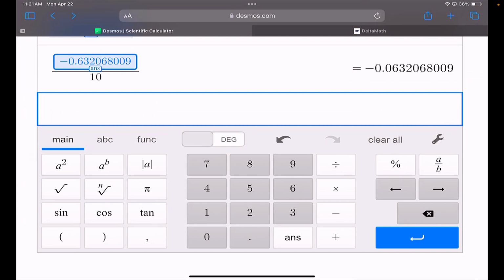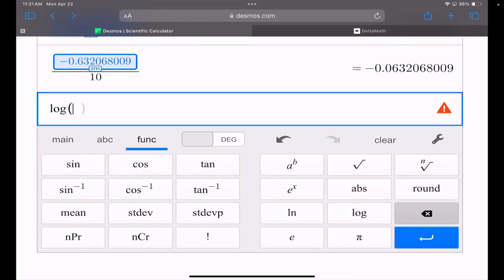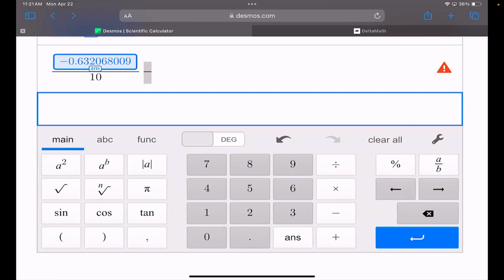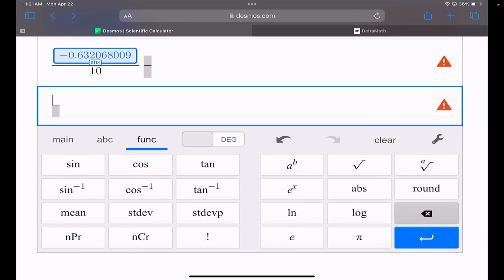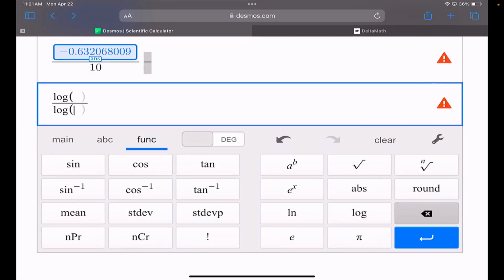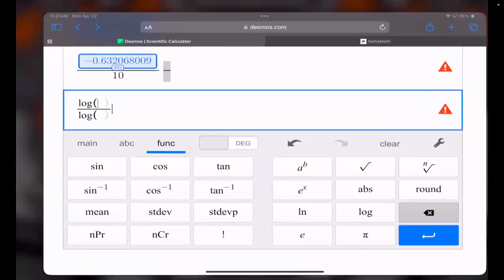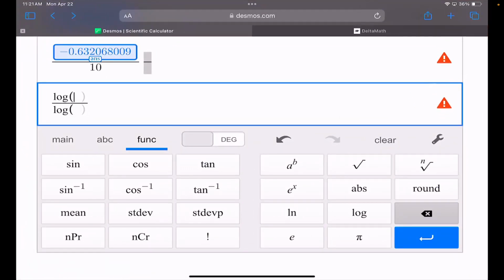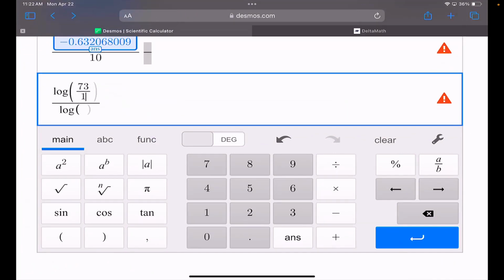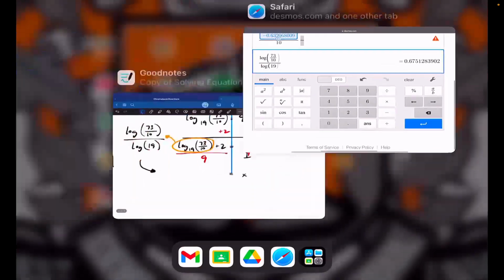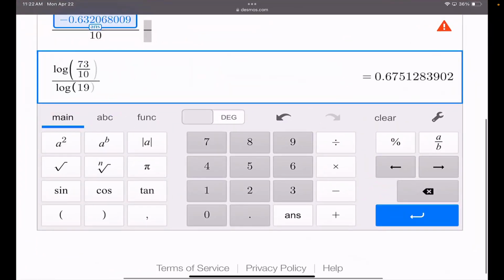Let's see. Log. 73 over 10. 73 divided by 10. 19. Okay, so I got that number there.